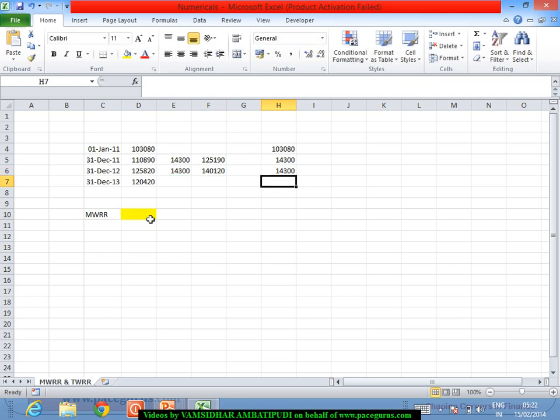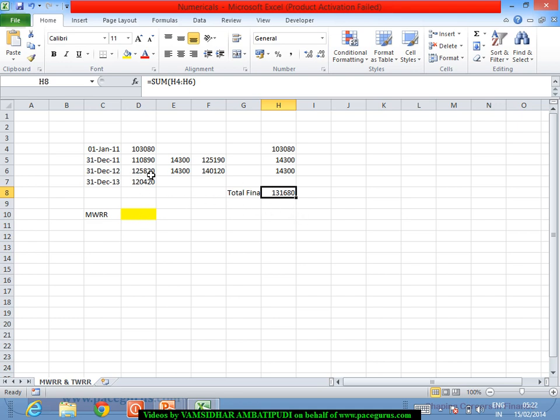The summation of all these, the total final value, should be equal to 120,420. What is that particular value of I which makes this equivalent to 120,420?